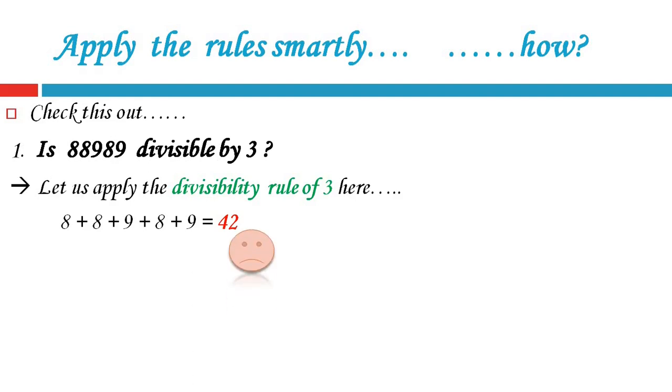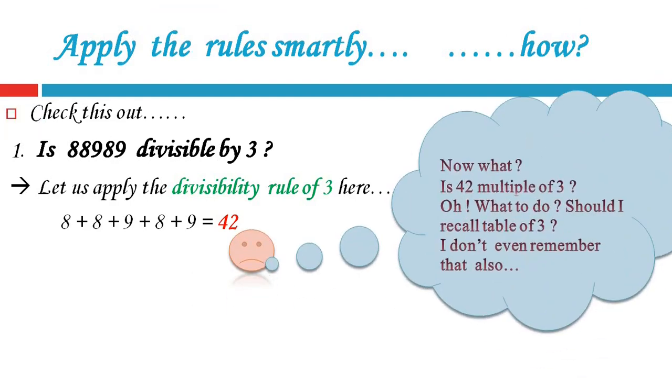Now there might be many students who will get stuck at this point because they will start thinking, is 42 a multiple of 3? What should I do ahead? Because they don't remember the table. In this kind of situation, you have to work smartly. And what is that smart work? The result is 42, and you need to check whether 42 is divisible by 3 or not.